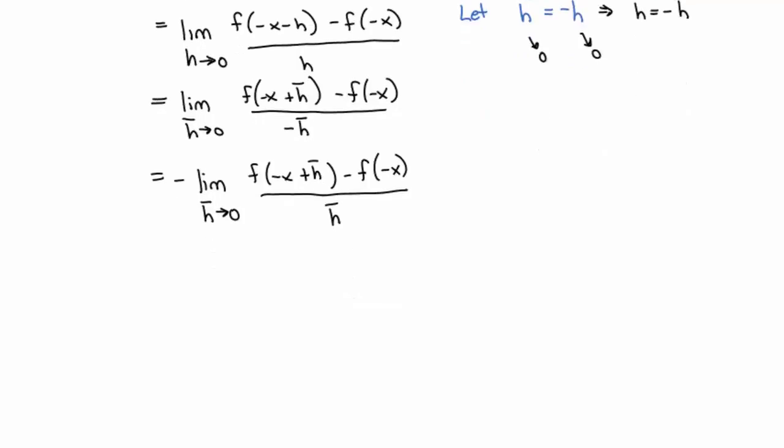And that is actually the definition of derivative. It's the opposite of the derivative of f evaluated not at x, actually, but at negative x. Otherwise, it's exactly the same as the definition of the derivative. So this is just the opposite of the derivative of f evaluated at negative x. Now remember what we wanted to show.